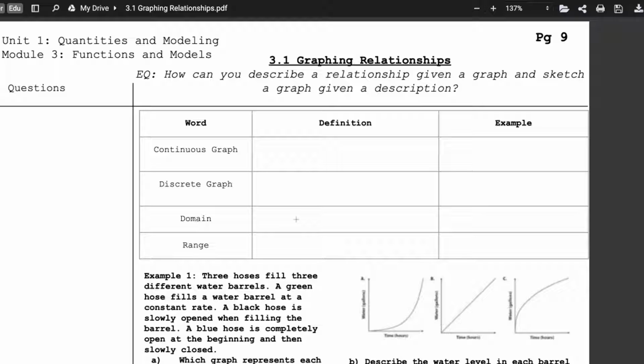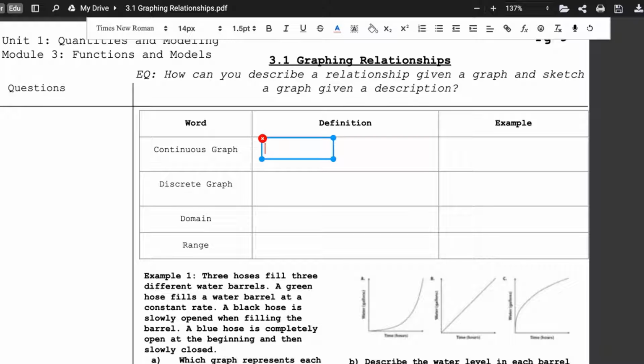So different things that we can look at. One is a continuous graph. And the important thing to note in a continuous graph is that the points are connected, across the domain.